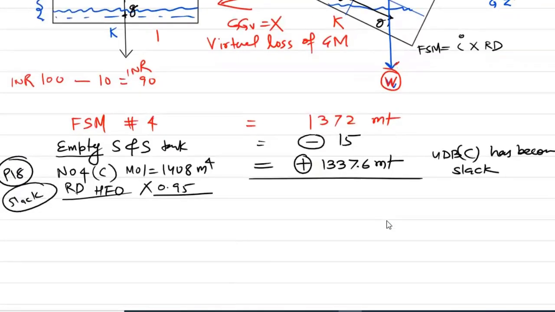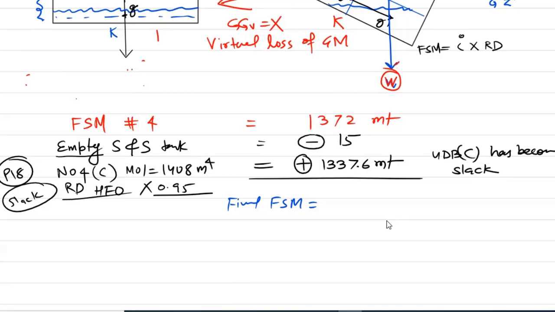So final free surface moment. Say you had 10 rupees, you subtracted 10 rupees, you added 20 rupees. Accordingly, you can find out the final. The same thing we need to do here. We had the initial free surface moment, then 15 was removed because a tank became empty. Then another tank became slack, so we have to add.